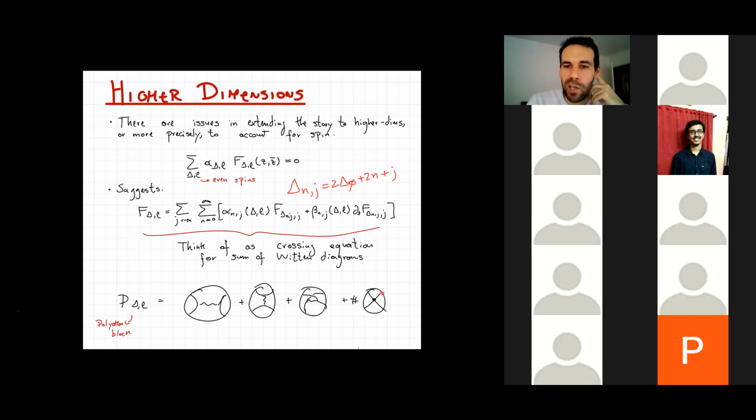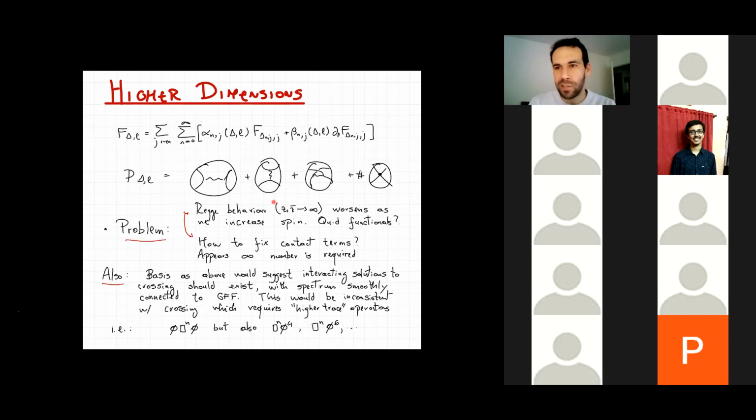And the crossing equation for this function takes precisely this form with some coefficients that appear here. Okay, some coefficients. So it seems like we're on the right track, but actually there are problems.